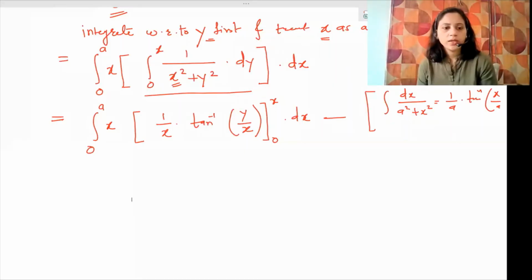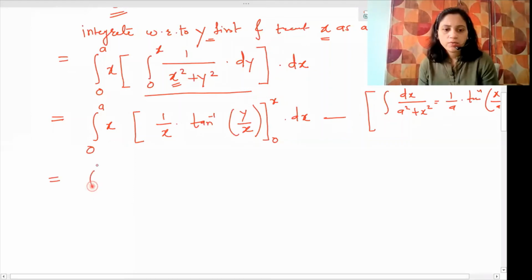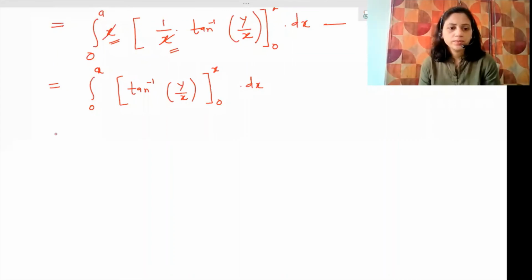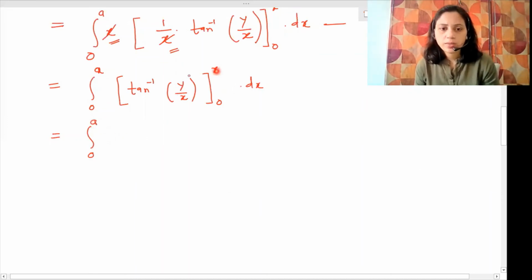Next step will be integration from 0 to a. Now this x and this x get cancelled. The remaining quantity is tan inverse of y by x with the limits from 0 to x, dx. Next step, integration from 0 to a, this term as it is. Now we are just going to substitute the limits, upper limit minus lower limit.